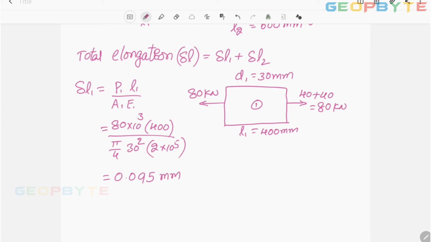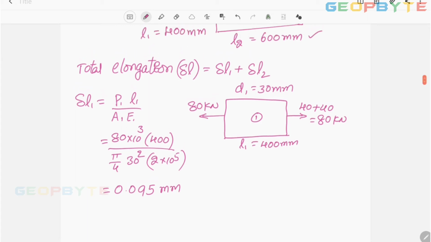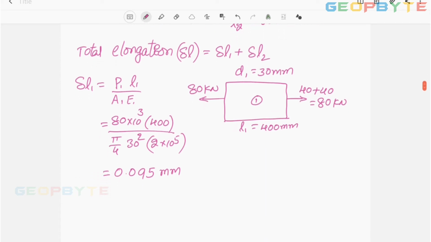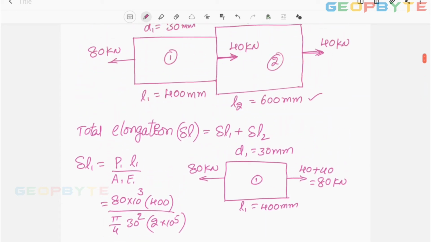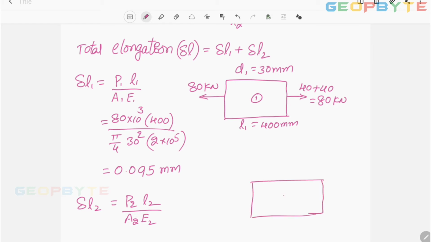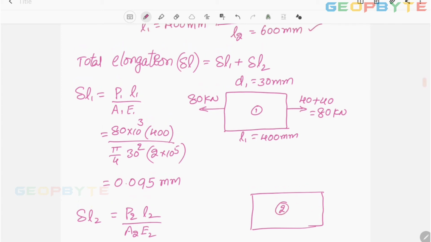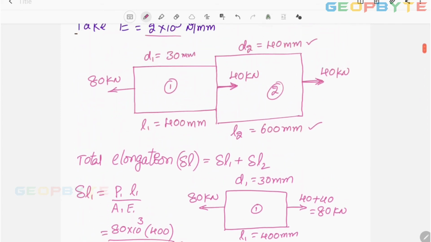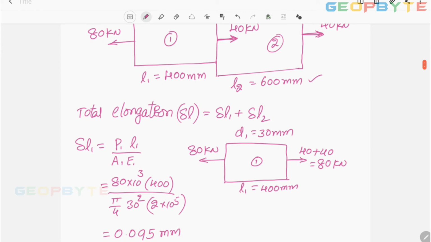Similarly, for the other section, section 2, delta L2 equal to P2 L2 by A2 E2. Let us take the section 2. For this section, the length is 600, diameter is 40.